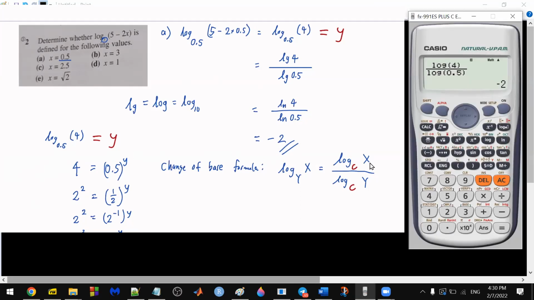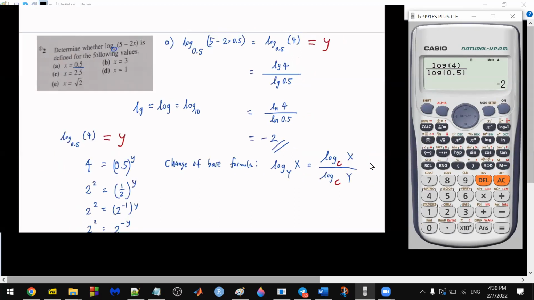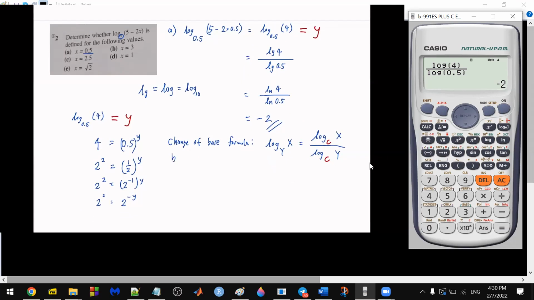Okay, let's continue. Next example, let's try part B. Part B says x equals 0.3. What happens? You'll get log of base 0.3 of 5 minus 2 times 0.3. So same thing here, you'll use the change of base formula.